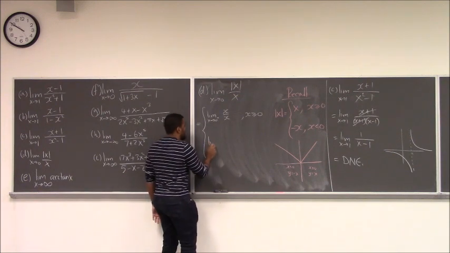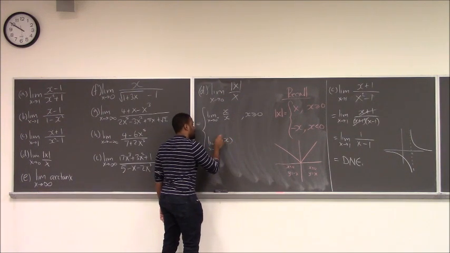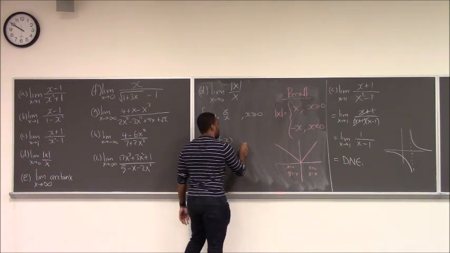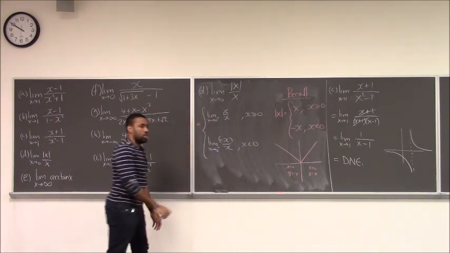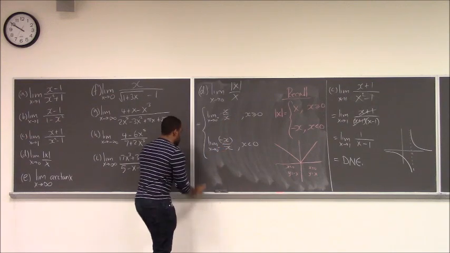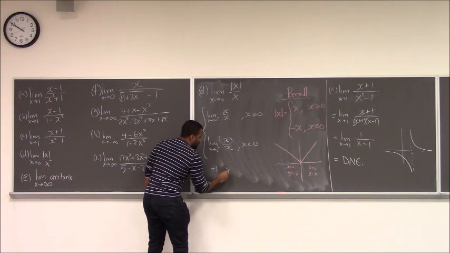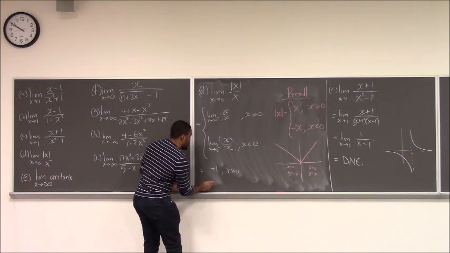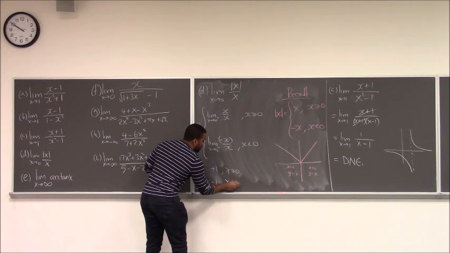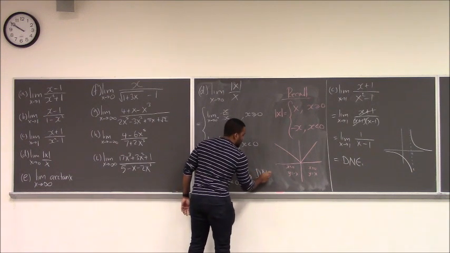However, if I look on the left side, that's the function, right? Now, of course, you can simplify, and you'll end up with a positive 1 if I'm on the right side of 0, but a negative 1 if I'm on the left side of 0, and that implies it does not exist.